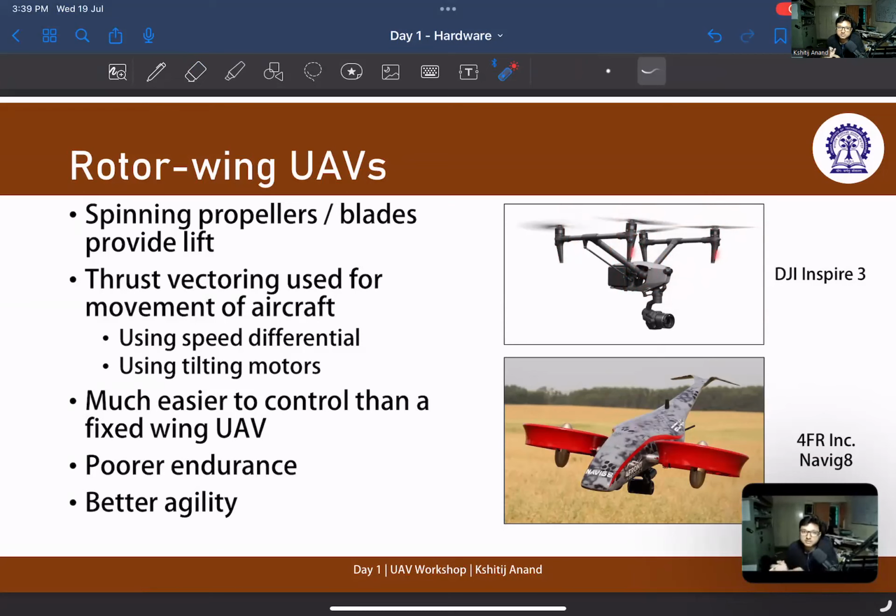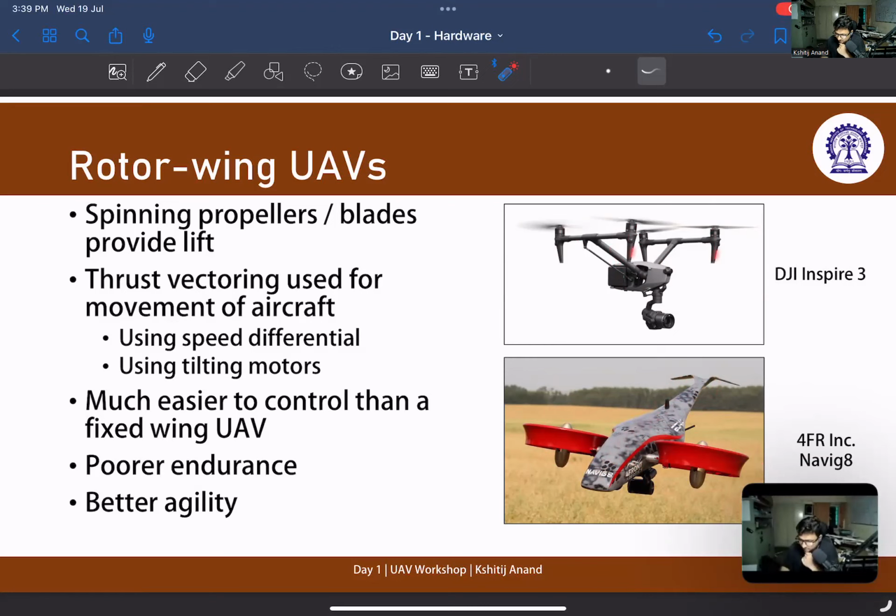The other way of tilting an aircraft is using tilt rotors. Here the motors themselves are mounted on a tilted duct. This aircraft has a small fan at the back. You don't see it. I worked on this aircraft in my tech internship after my third year. This is a Navigate. It's built in Canada, and it's being used as an assistant to first responder teams in their fire safety department.